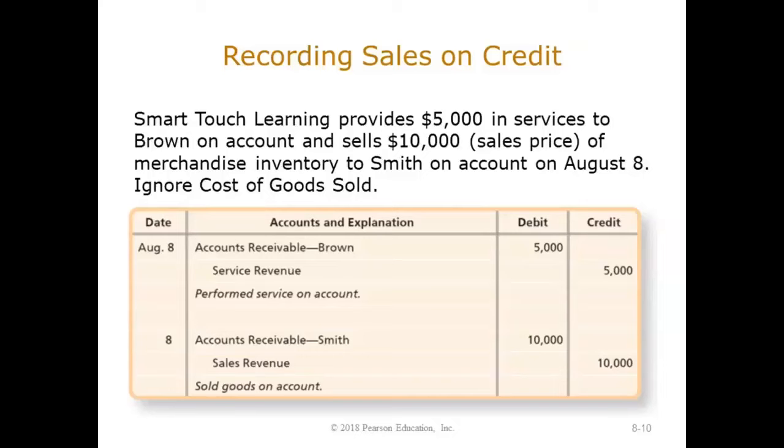For Brown on August 8th, we're going to make a debit to accounts receivable for Brown for $5,000 and a credit to sales revenue of $5,000 also. On the Smith side, we're going to debit accounts receivable Smith for $10,000, and we'll also credit sales revenue $10,000. So this is how we record the sales on credit.